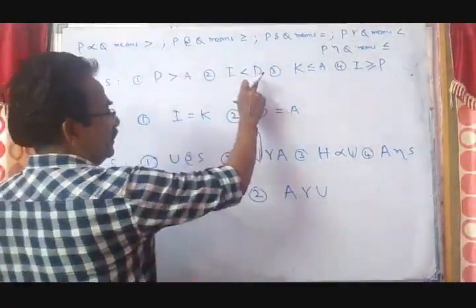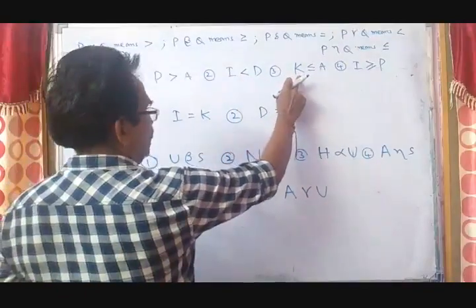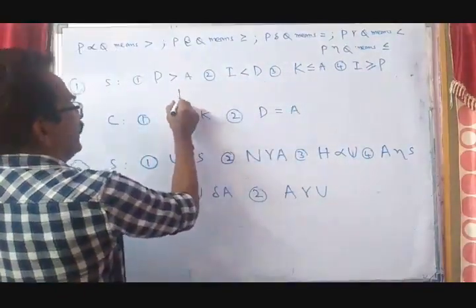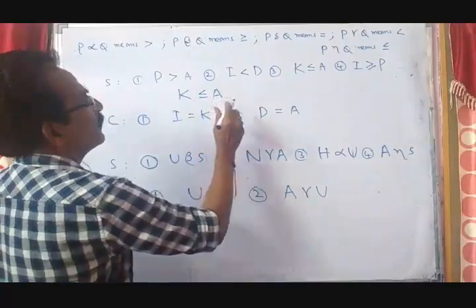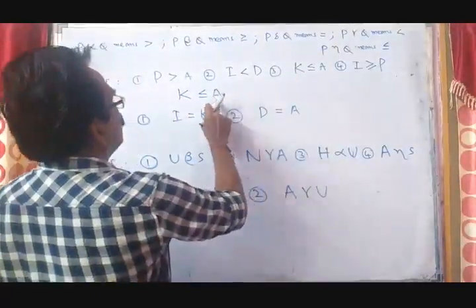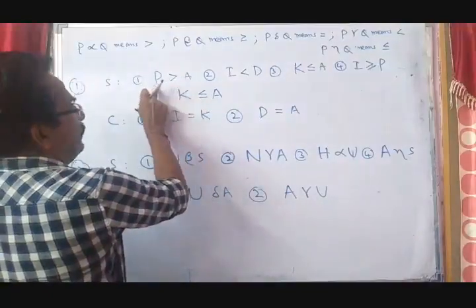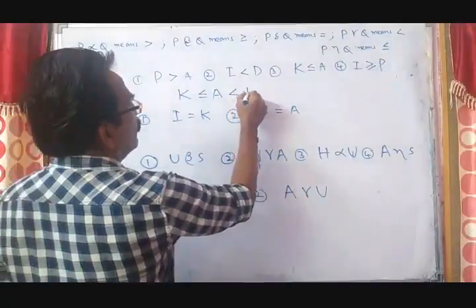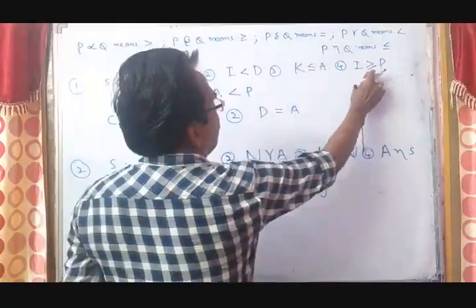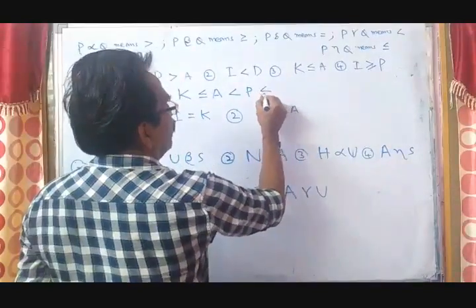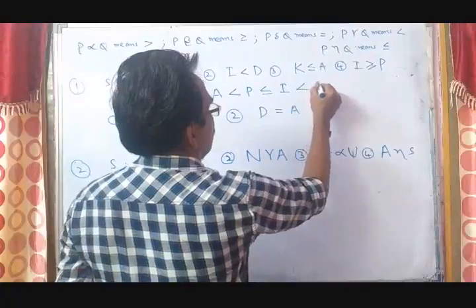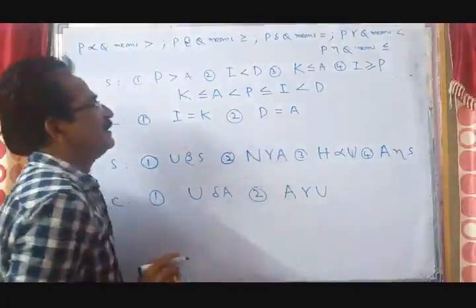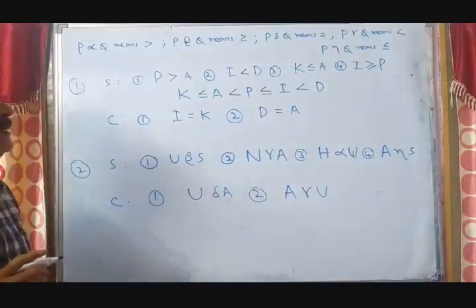Let us begin with K. K less than or equal to A. A less than P. P less than or equal to I. I less than D. This is the statement line.